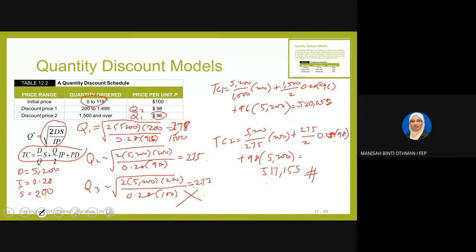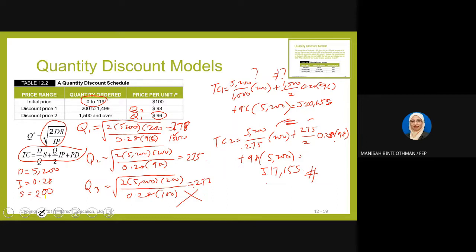When you use the exact number from the EOQ, you will get equal amounts for this one and this one. But for this one that you don't use the EOQ, because you have to increase up to the minimum number for that discount price, you will get a difference between this and this. You can see that the value is different, but this one is equal.